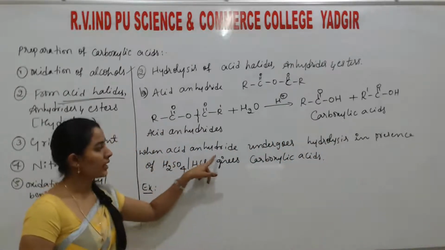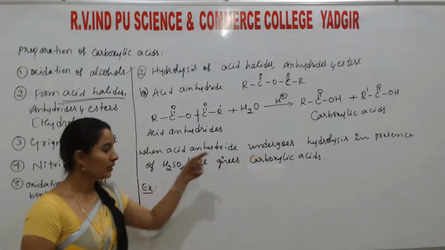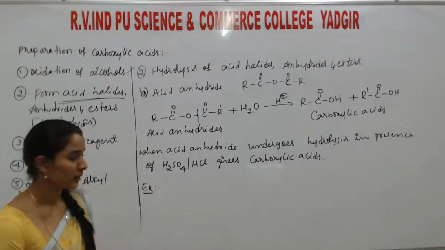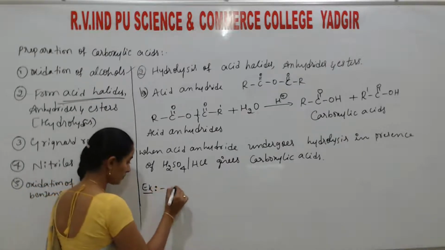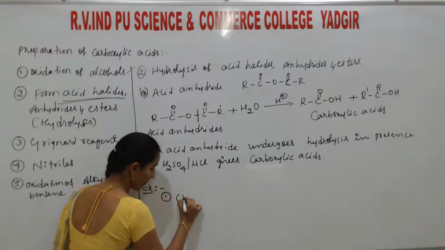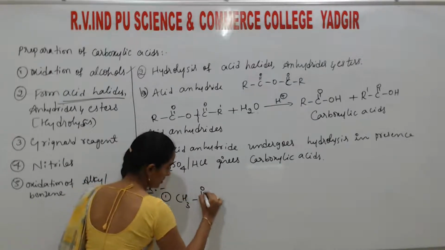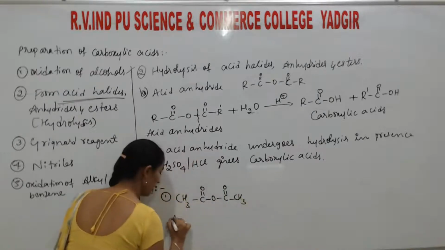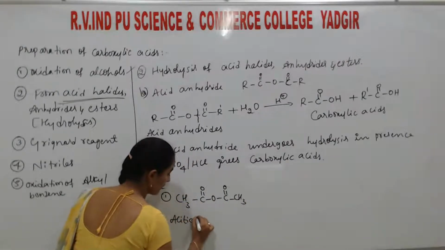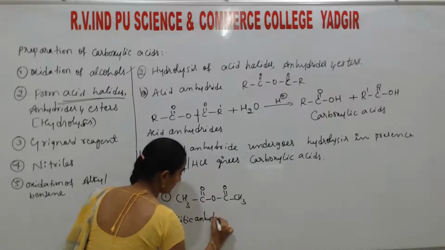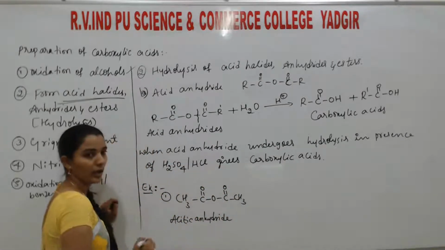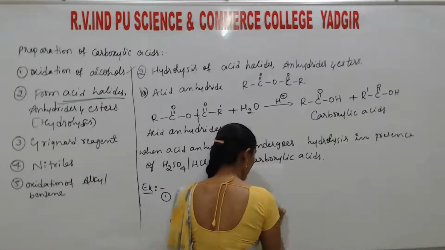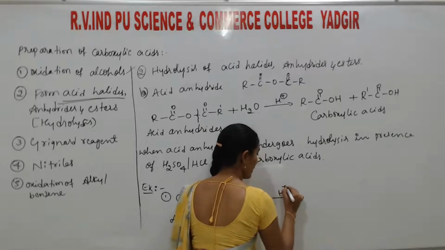Understood? When acid anhydride undergoes hydrolysis in presence of H2SO4 or HCl gives carboxylic acid. So here I'll take example 1. CH3, C double bond O, C double bond O, CH3. This is what? Acetic anhydride. So it undergoes hydrolysis in presence of H plus.